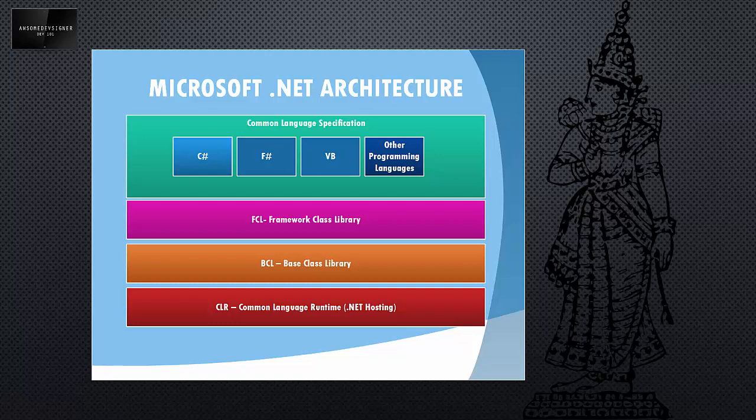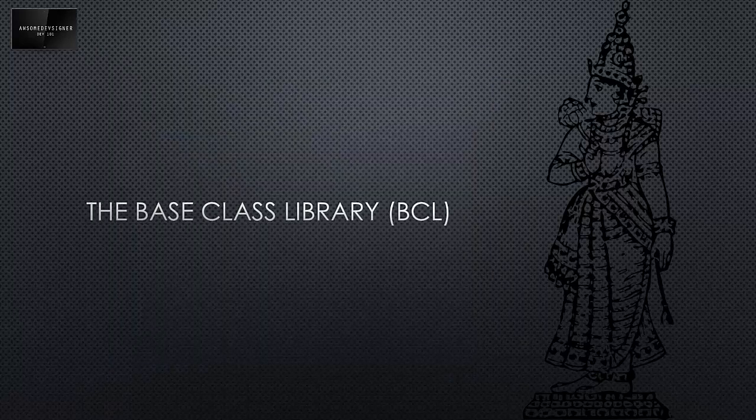So now that you have learned about the basic Microsoft .NET architecture, we are going more into the details, and you will learn about every layer of this Microsoft .NET architecture cake. We will start with the base class library.